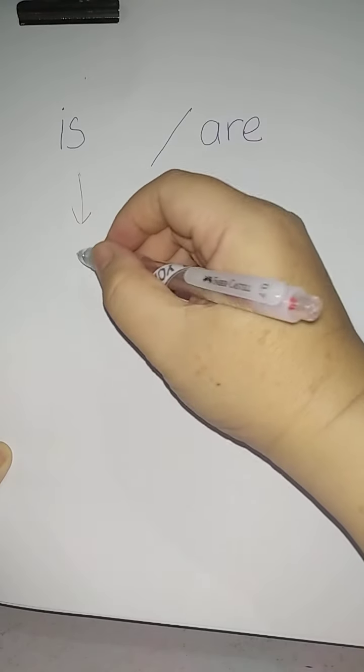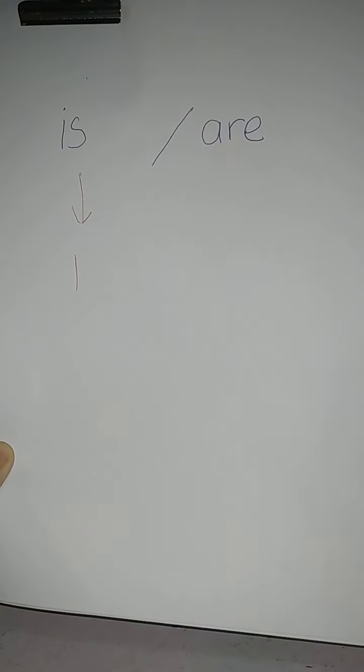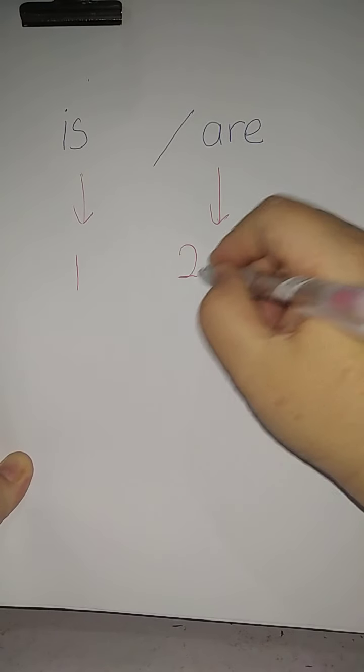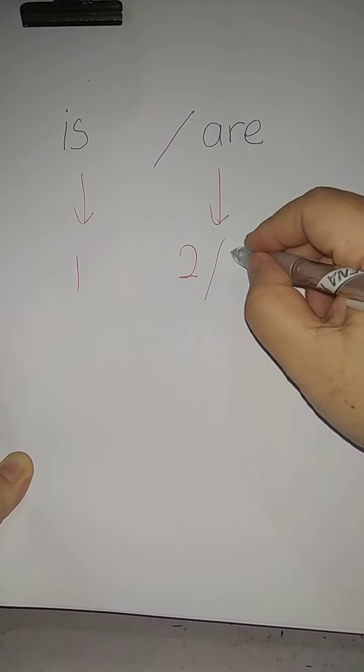Is is for one object or one thing that you're going to mention. Are is for two objects or more, or many.